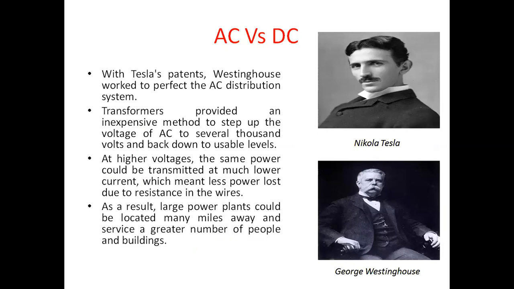The transformers provide an inexpensive method to step up the voltages of alternating current to several thousand volts and back down to useful voltage levels. At higher voltages, the same power could be transmitted at much lower current, which means less power loss due to the resistance in the wires. As a result, large power plants could be located many miles away and service a greater number of people and buildings.